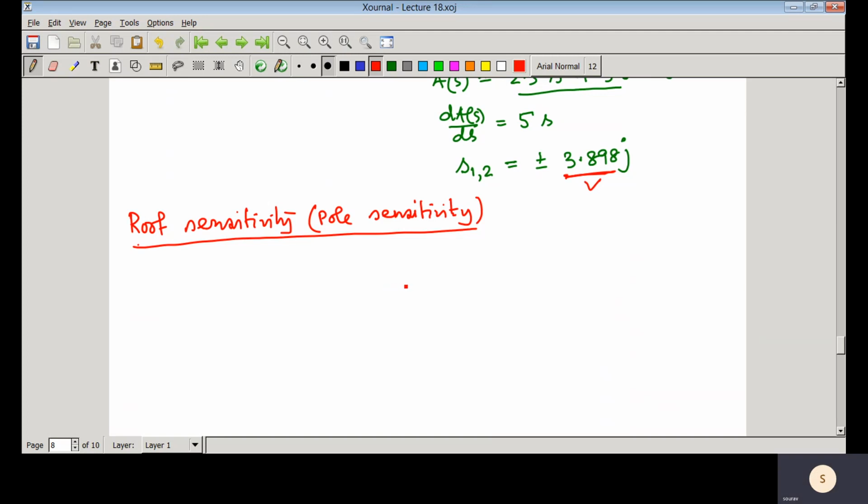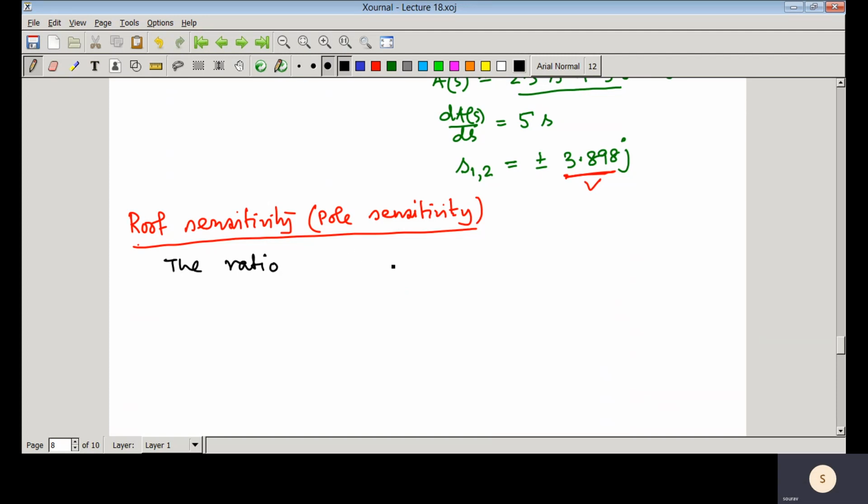So this root sensitivity says that if there is a change in gain, what would be the change in closed loop poles? That ratio is called the root sensitivity. So the definition is, this is that ratio.